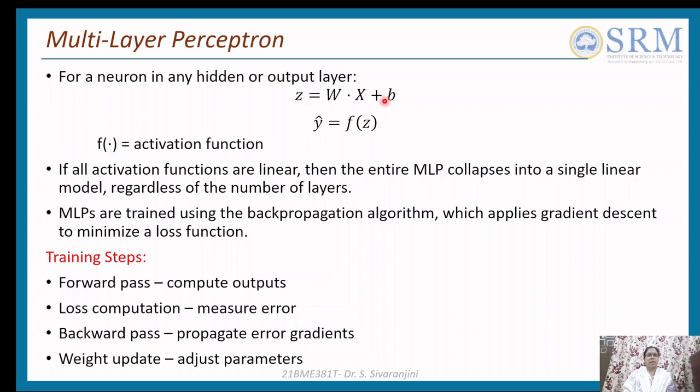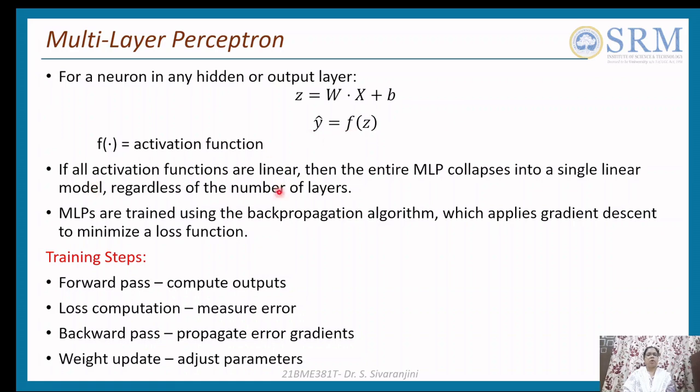Getting into the mathematical formulation, Z is equal to Wx plus b, that we saw in the previous lectures. Your prediction output will be the output from the hidden layers, after passing through the activation function F, where Z is given to the activation function F to get the target output.